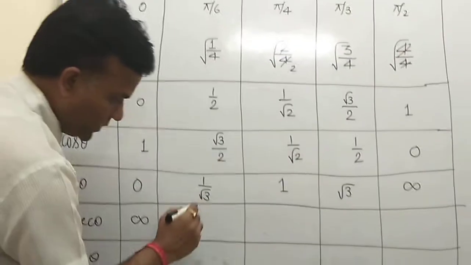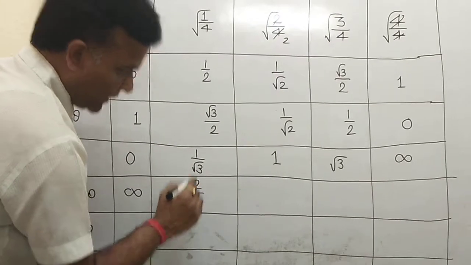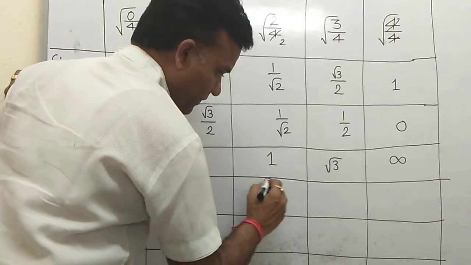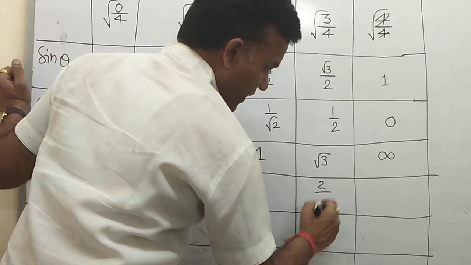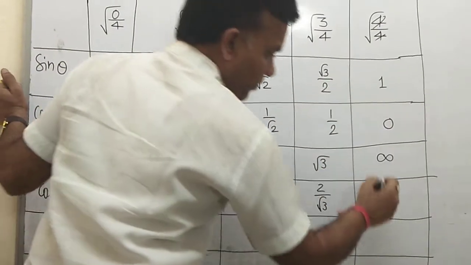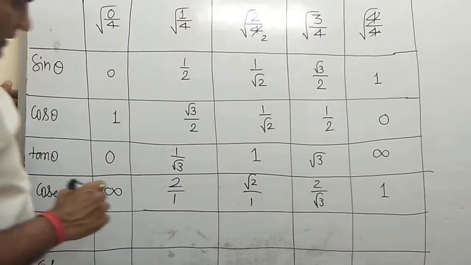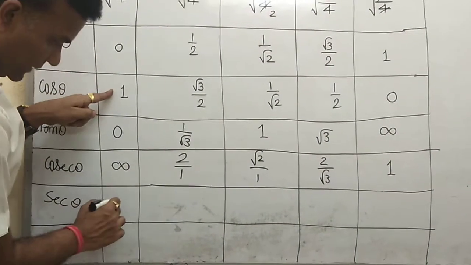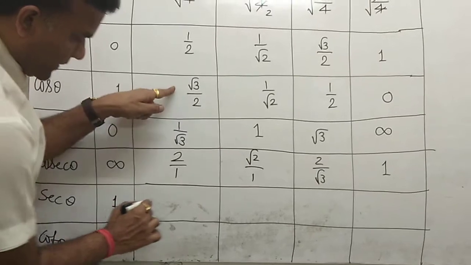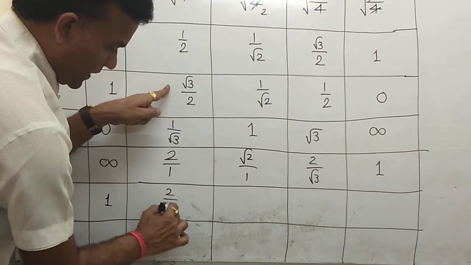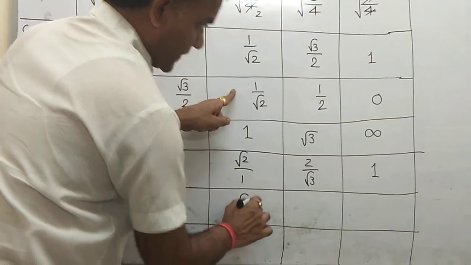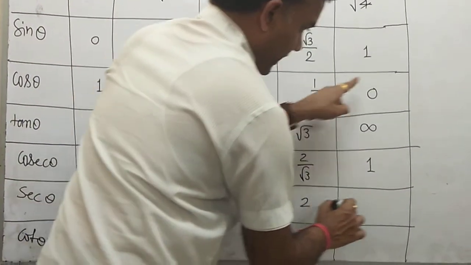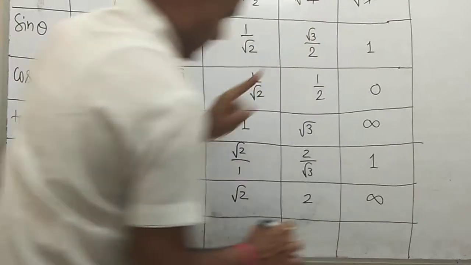Okay, so 1 by 2, you write down 2 by 1, 1 by root 2, so root 2 by 1, and similarly 2 by root 3, and the reciprocal of 1 is always 1. Okay, so for sec, 0 here gives 1 again, so 1, this is 2 by root 3, similarly root 2 and 2 here, and 0 means not defined.